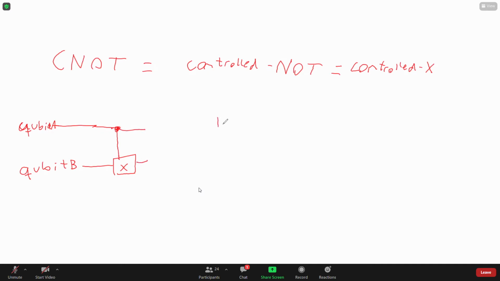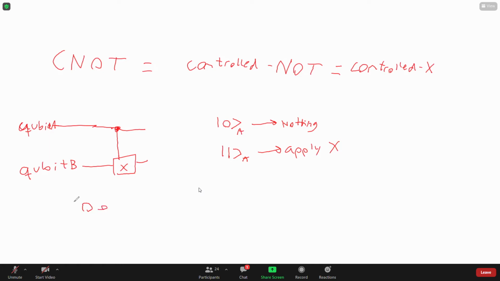What that means is that if we have qubit A in the 0 state, then nothing happens. And if qubit A is in the 1 state, then we apply the X gate.